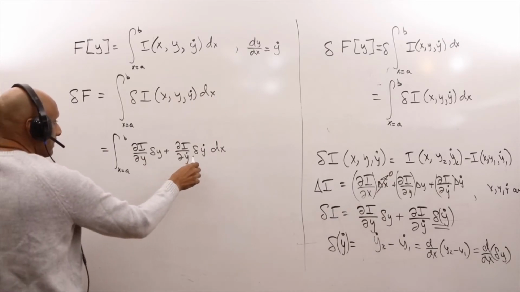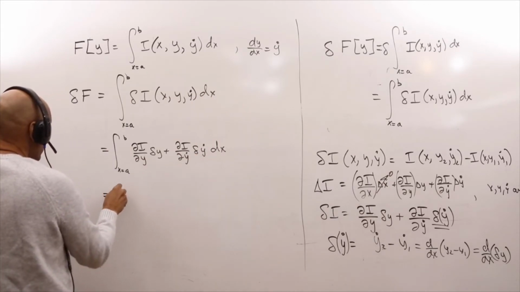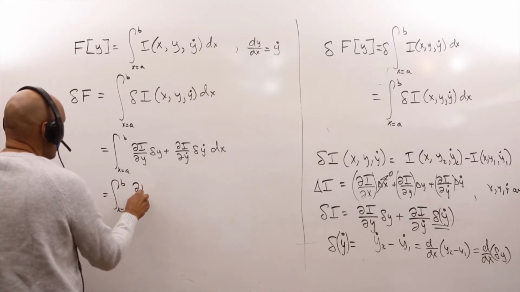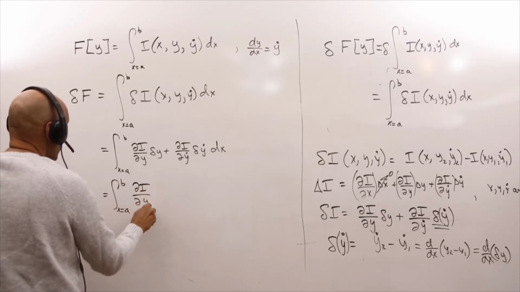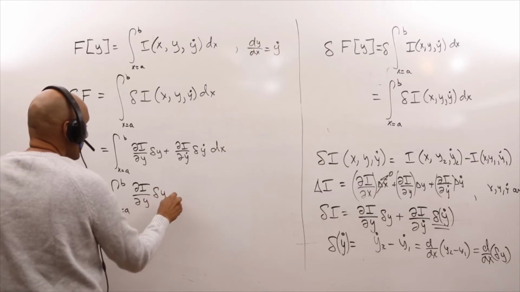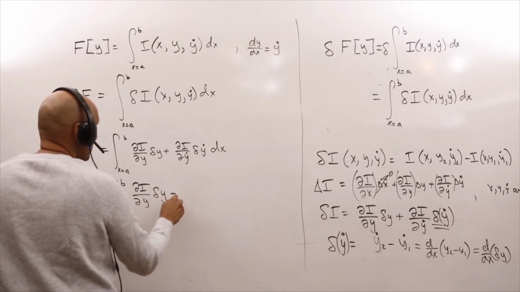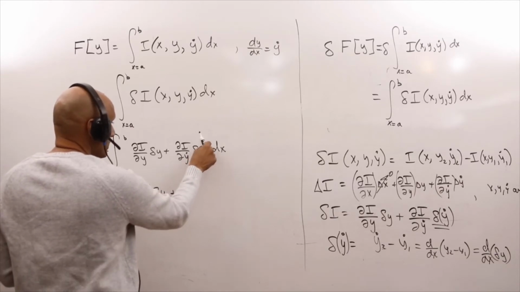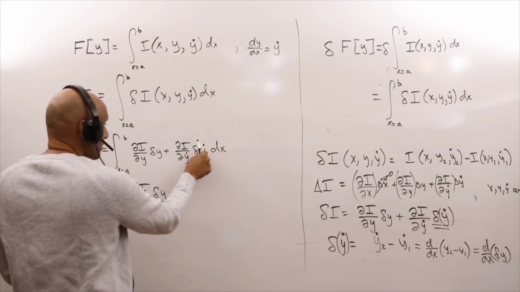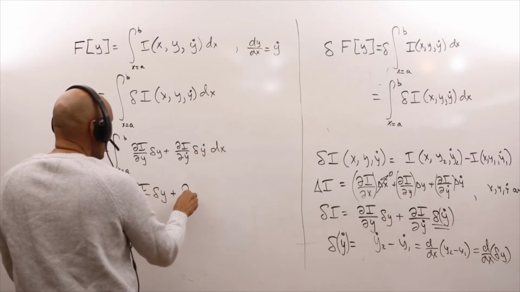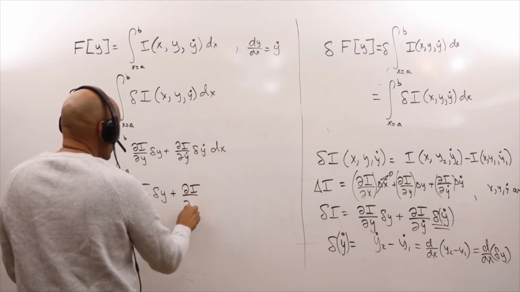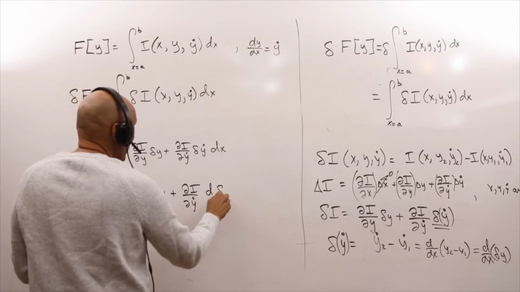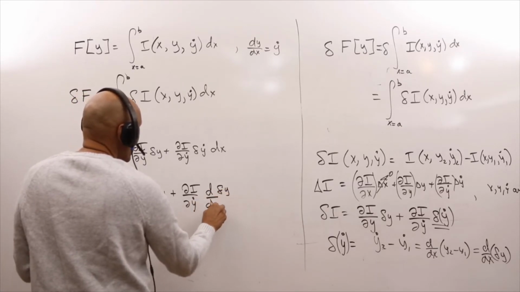So the next operation is, we're going to write this as the integral, x is equal to a to b, of the partial of I with respect to y with the variation of y, plus, and I'm going to move the dot out, so the derivative of y with respect to x commutes with the operator, and we get the partial of I with respect to y dot, and that is the derivative of the variation of y with respect to x, dx.